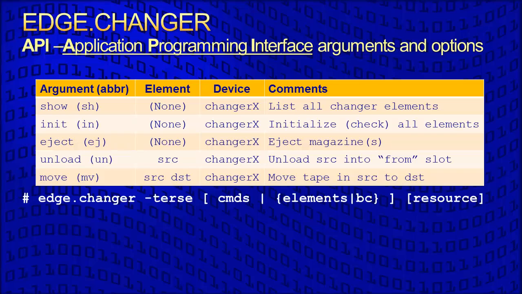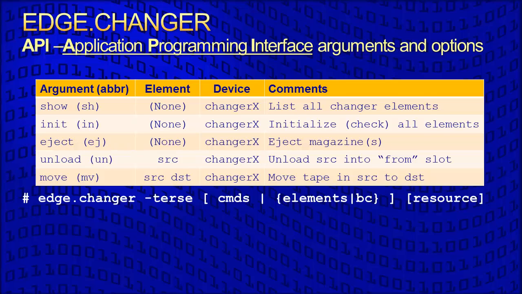The Edge.changer API, or Application Programming Interface, uses the same command set as the command line interface. Adding the -terse flag switches Edge.changer's behavior from English responses to API responses. In other words, all responses are returned as environment variables instead of English responses.